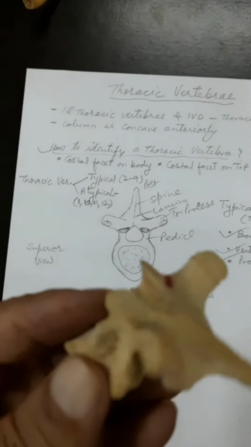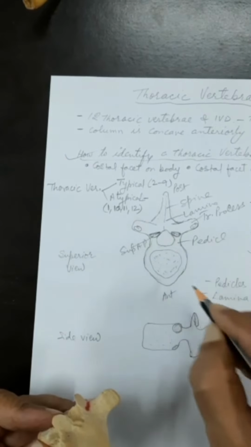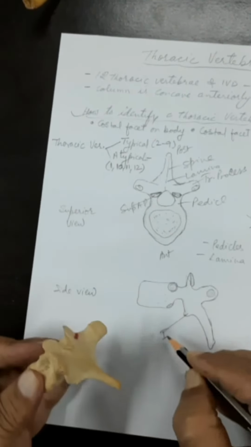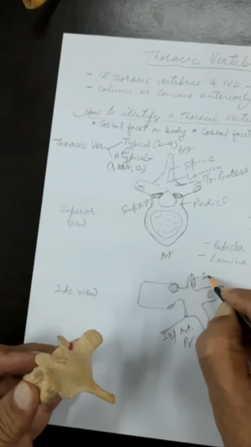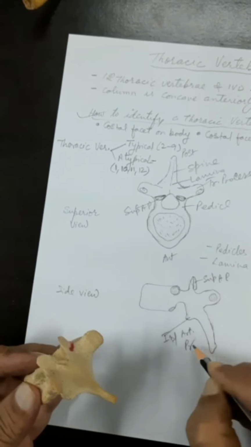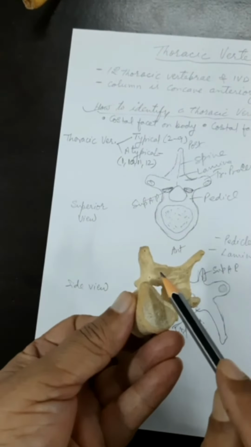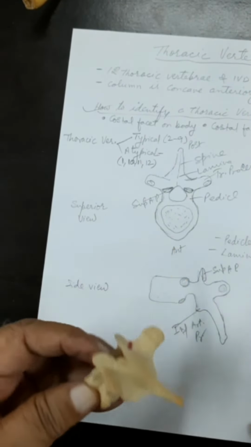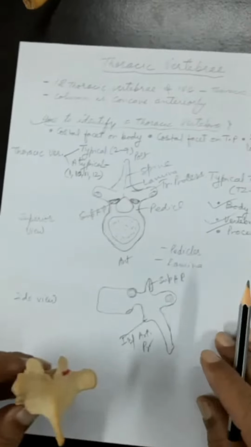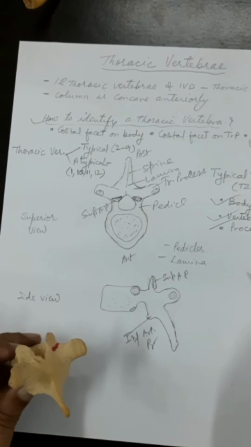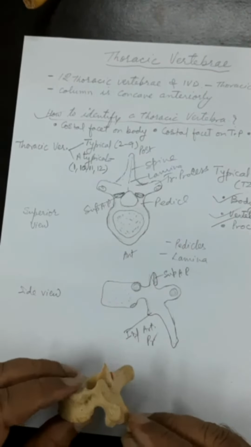So there are 4 articular processes, 2 superior and 2 inferior, which come out from the laminae. So these are the 7 processes taking origin from the thoracic vertebrae.